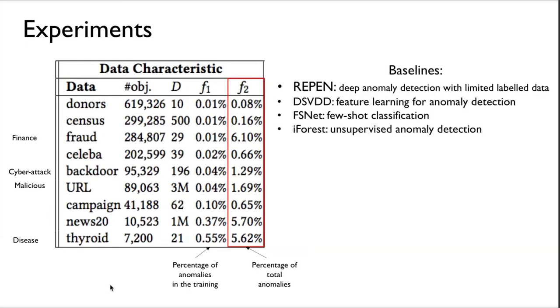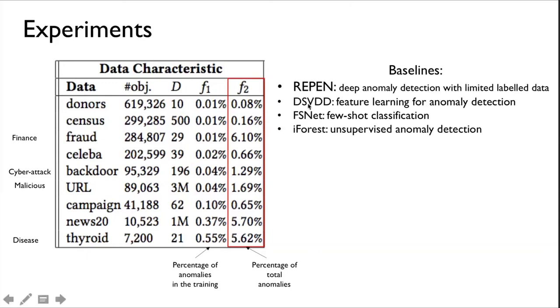About the baselines, this paper considers 4 different baselines. REPEN is deep anomaly detection with limited labeled data. In some sense, it's similar to the setting of this paper, which also considers limited labeled anomalies.